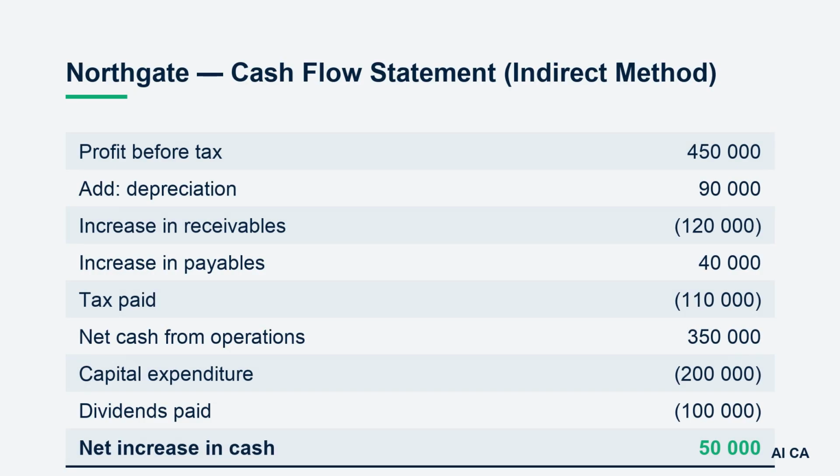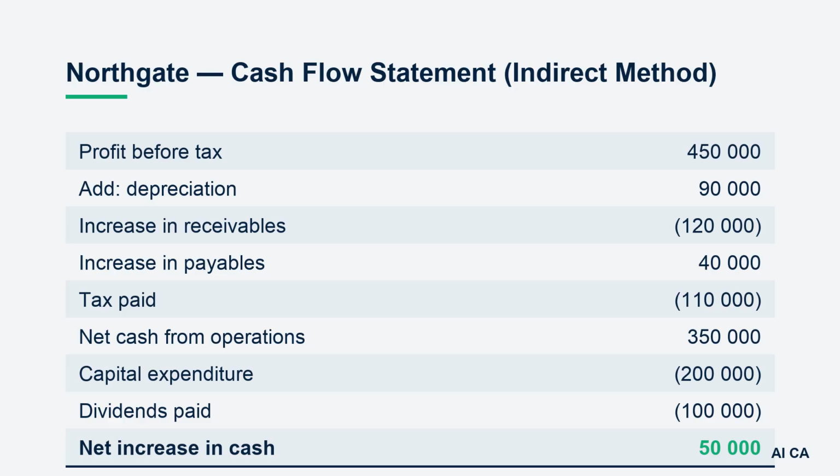Here is the cash flow for Northgate. Profit before tax is 450,000. We add back depreciation of 90,000. Trade receivables increased by 120,000. That is a cash outflow, so we deduct it. Trade payables increased by 40,000. A cash inflow, so we add it. Net cash from operations before tax is 460,000.